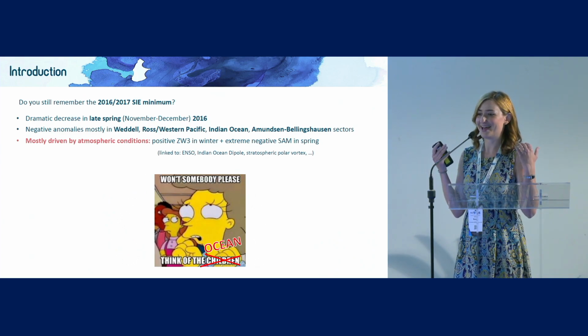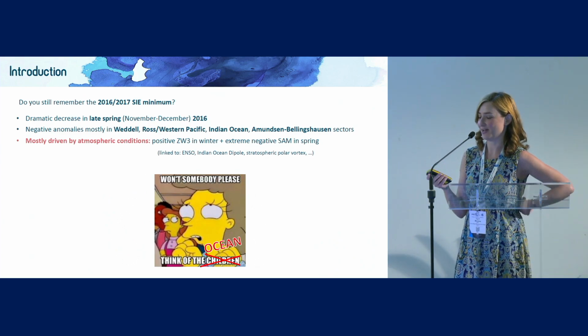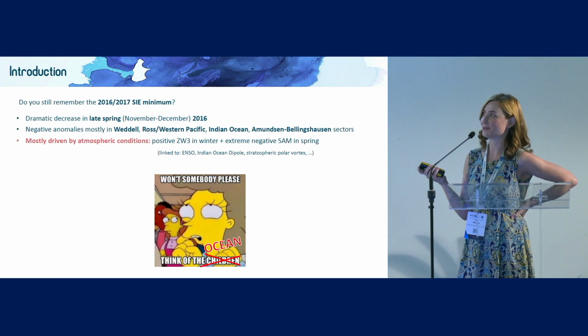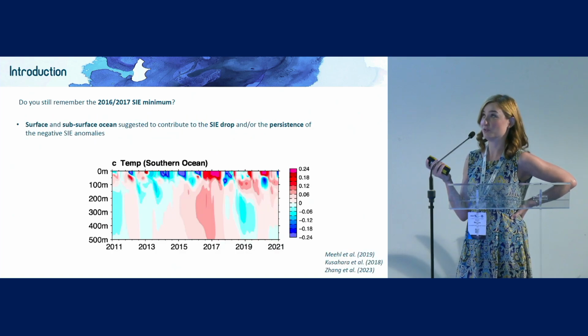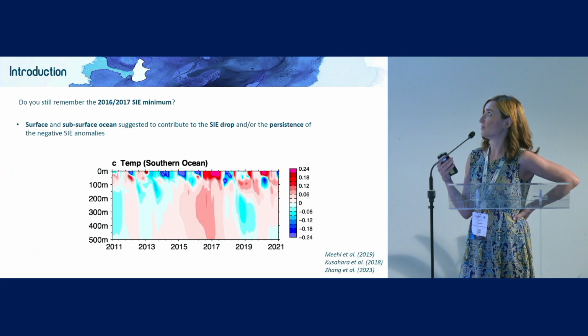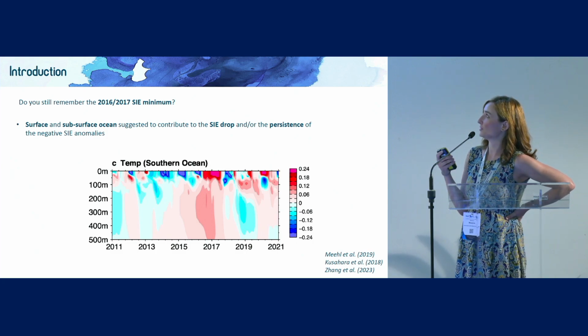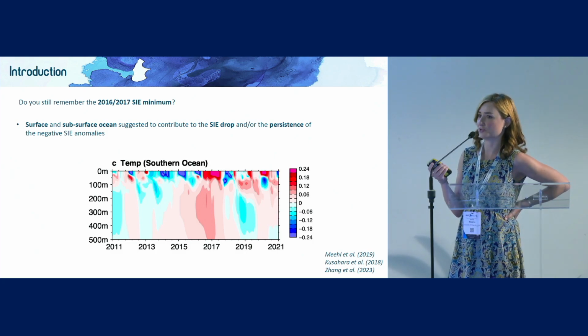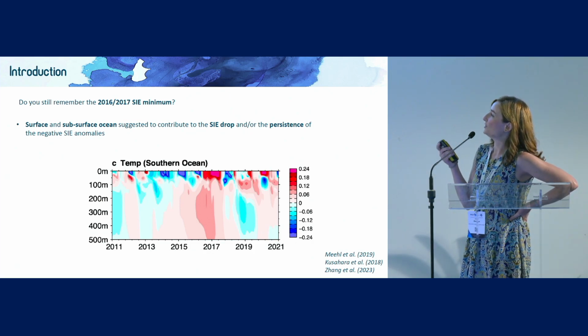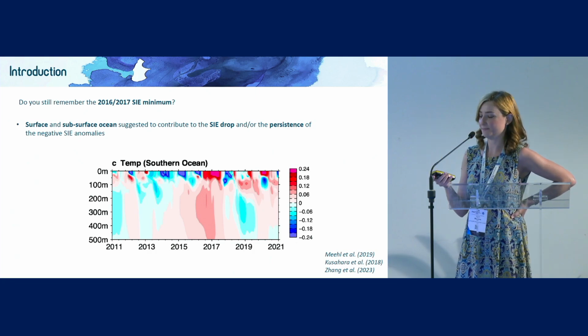Did it have any role in this event? Of course, this has also been analyzed, and in particular, very recently, some work suggested that there is actually a real contribution from the surface and subsurface conditions in the Southern Ocean to the drop, and also to how the negative anomalies persisted after that.